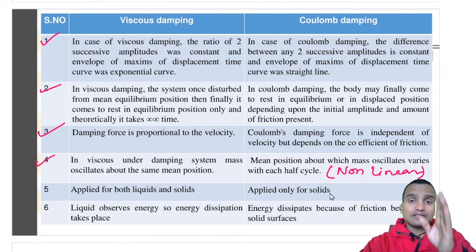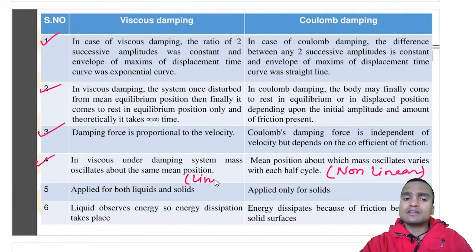We can't find the exact mean position at each time, but viscous damping is very simple. It's a linear system, simple harmonic motion, you can apply simple equations of motion and do the analysis easily. Now, viscous damping is applied for both liquids and solids, whereas Coulomb damping cannot be applied to liquids, because there is no normal force there as such.